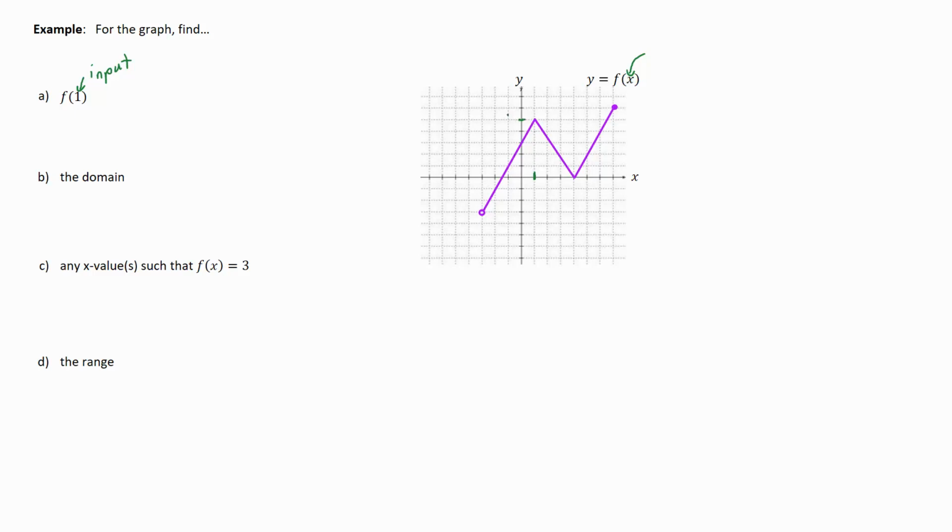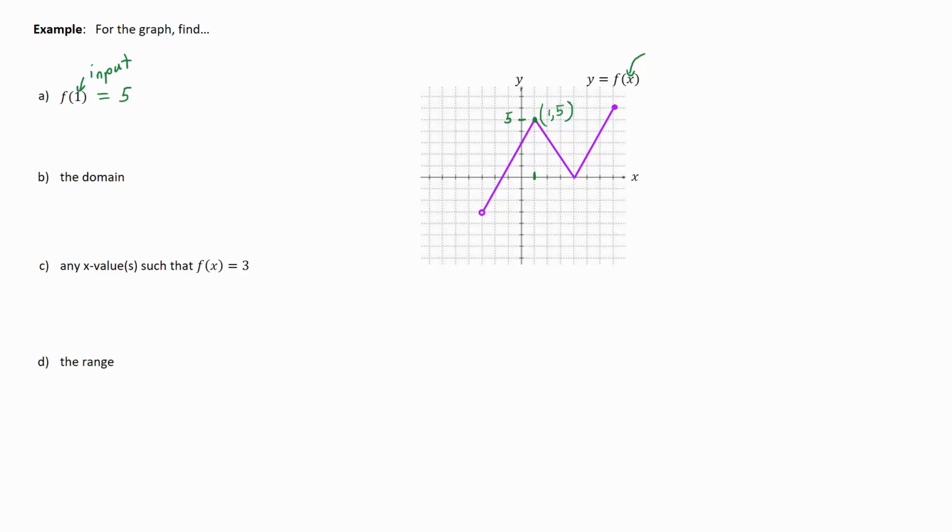So this output value of 5, in other words, the point (1, 5) is on the graph. So for an input value or a first coordinate value of 1, you get an output value or a second coordinate value of 5. In other words, f of 1 is equal to 5. And that's part A.